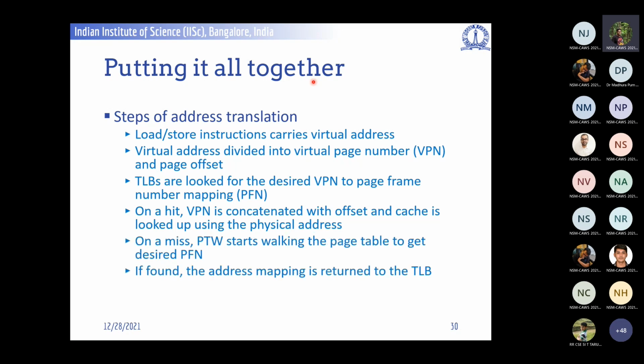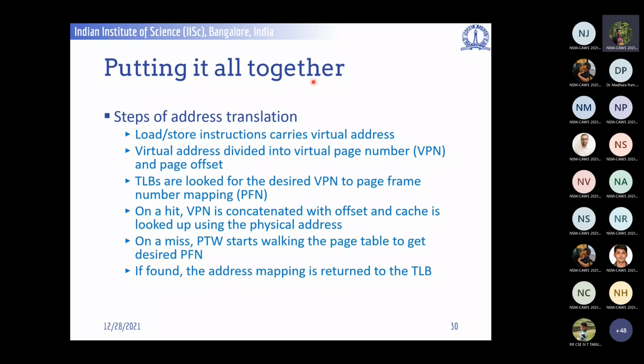On a miss, you have to look up the page table. This is where the page table walker part of the MMU, the hardware, comes in. Each process has its own page table, so for the process that is running at that point, the CR3 register is used.